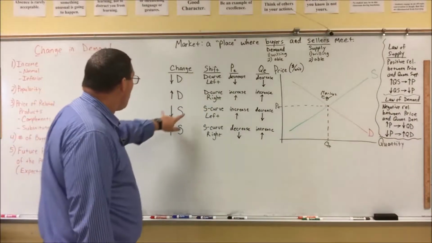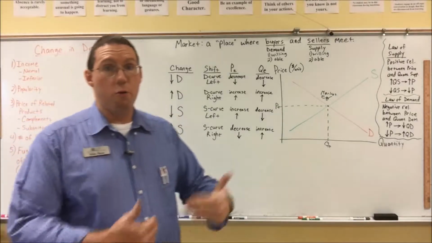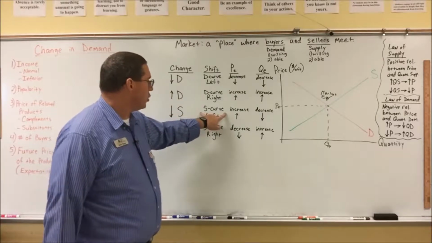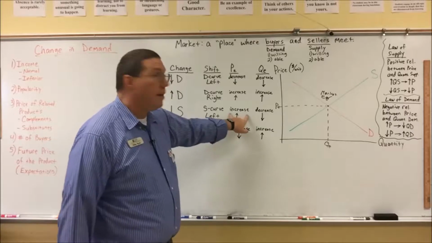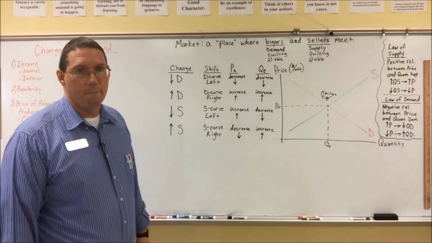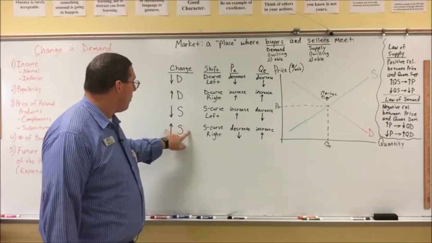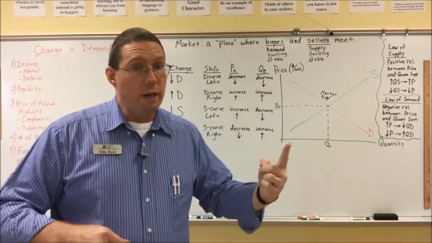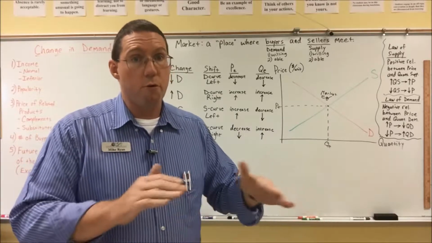Similarly, when the willingness and ability of suppliers to produce and sell decreases, we have a left shift of the supply curve. It shifts to the left, resulting in an increase in equilibrium price and a decrease in equilibrium quantity. And then lastly, we saw that when there is an increase in supply, that means an increase in the willingness and or ability of sellers to produce and sell.